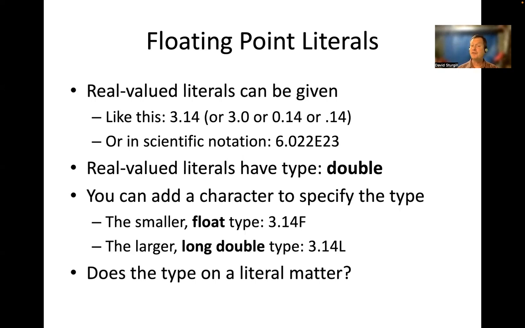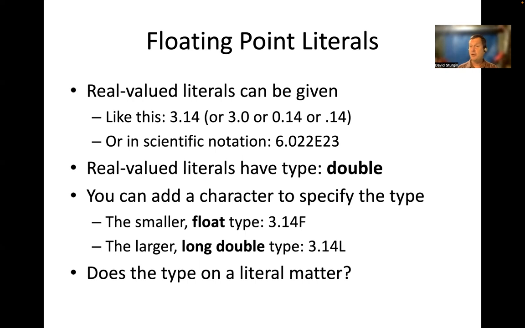I've got a comment at the bottom of the slide. Does the type of just a number matter? It does matter a little bit for writing your program. When the compiler writes out code, if you say, I want this as a long double constant, it's going to take a little more space in your program. But it's also going to be more precise if you ask to represent a value that the language can't represent exactly.